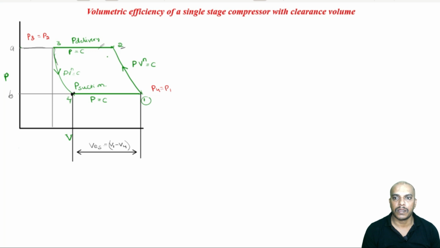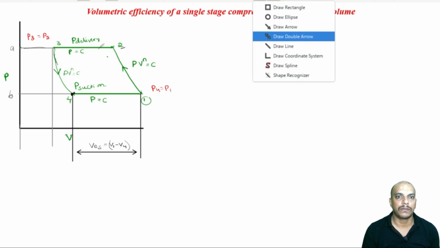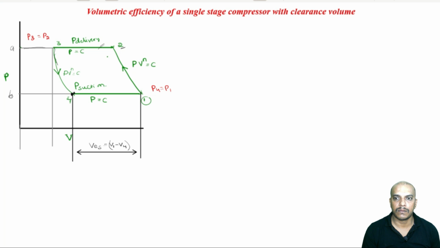So we can write that this is our clearance volume Vc. And we can also write this total swept volume.